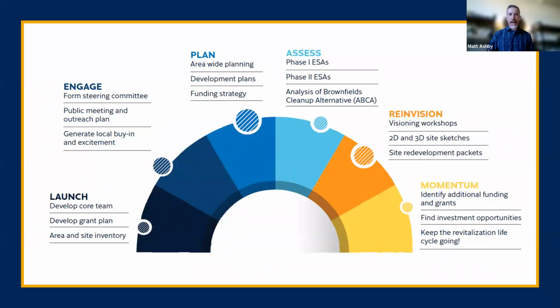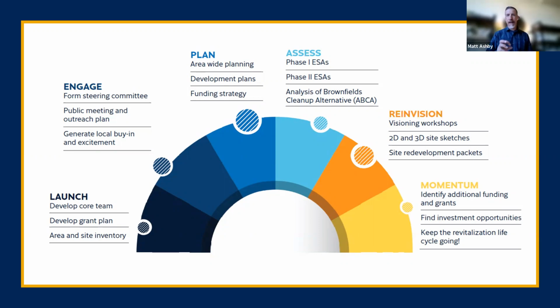So in looking at a typical brownfield project, you'll have a launch process where you're really looking at that site inventory and developing the overall plan for your grant implementation. You'll be engaging the community with a steering committee and a public engagement outreach plan and really working to generate that local buy-in.